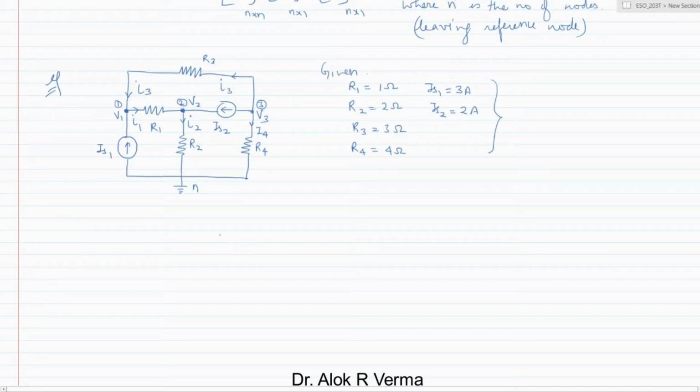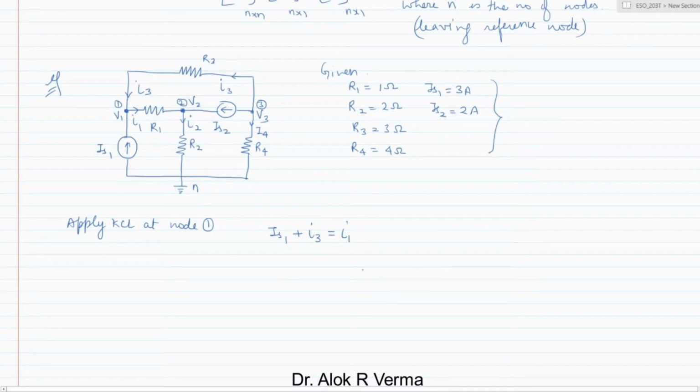Okay, now these are the values given. For solving the circuit, one of the methods is that we apply directly the KCL at all the nodes. So we'll do it conventionally by applying the KCL. So apply KCL at node 1. When we apply the KCL at node 1, we can write the total incoming current is IS1 plus I3, which is nothing but I1.